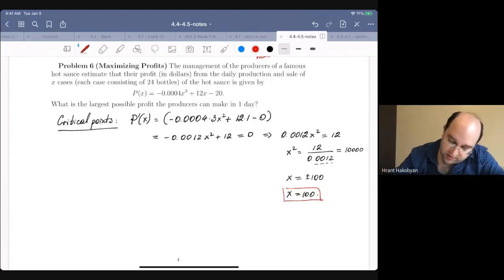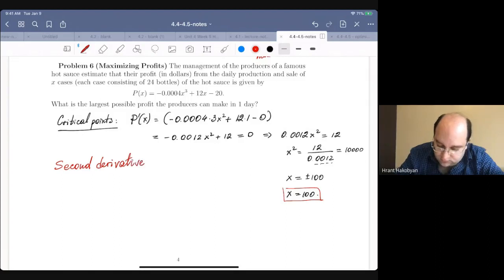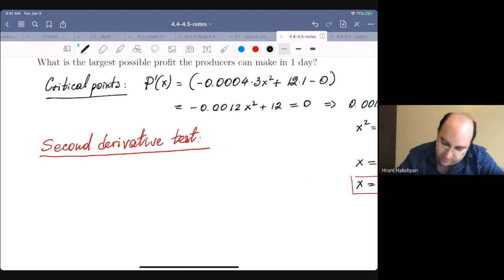So let's do that. Let's do the second derivative test. I'm going to take the second derivative of p, so p double prime of x is equal to what?